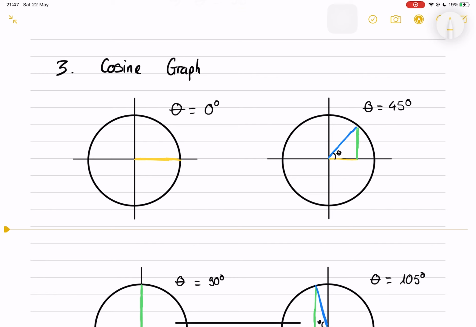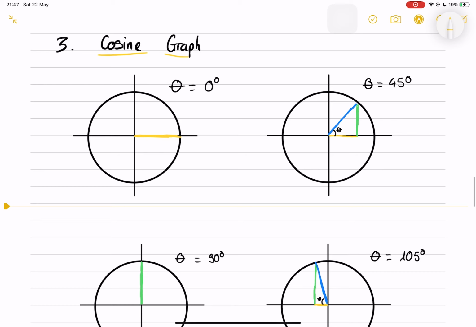And the next part of the lesson is the cosine graph. The cosine graph is the graph of the cosine, which uses circles. Let's call this the angle. If we have 0 degrees, the yellow line will be this, because there's no triangle.